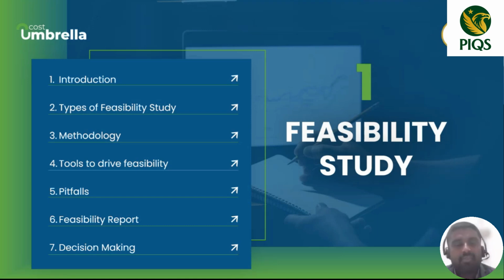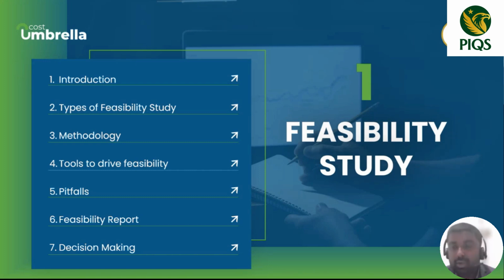So as part of the first topic, we have divided the whole section into 7 subtopics. First, the introduction, as we all need to know the meaning of feasibility studies. Then, what feasibility studies we need to conduct, and what methodologies are available. Then, in the fourth subtopic, we will discuss the tools to drive feasibility.